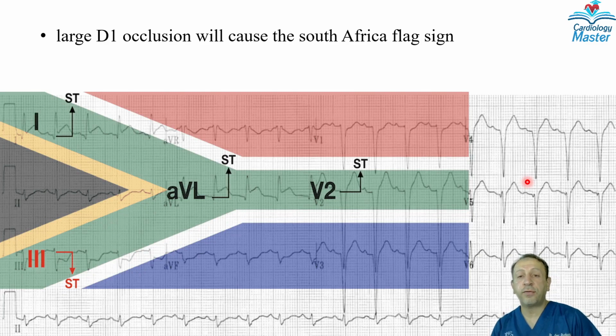This is called the South African flag sign, where you can find ST elevation in lead 1, in aVL, and even V2, with ST depression in the inferior leads, lead 3 and aVF. The South African flag sign represents a large first diagonal branch occlusion.